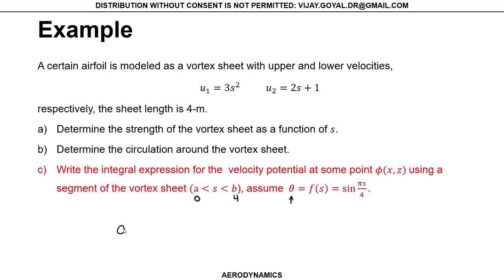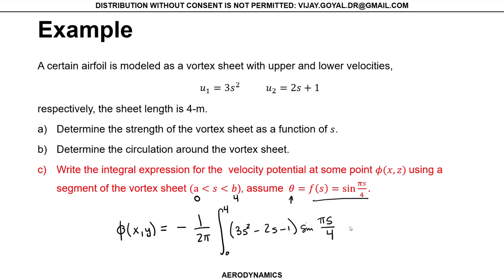So this will be nothing else than phi of x, y equals minus 1 over pi times the integral from 0 to 4, where gamma is nothing else than 3s squared minus 2s minus 1 ds, and then multiplied by theta, which is sine of pi s over 4.